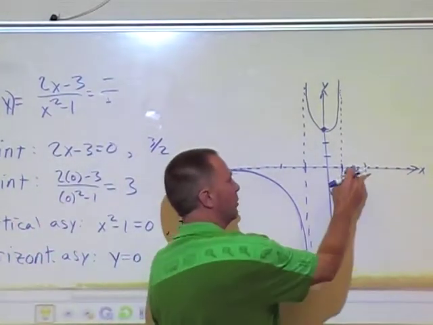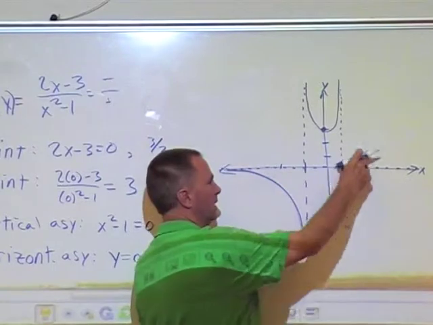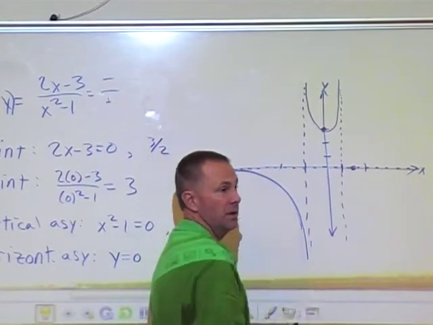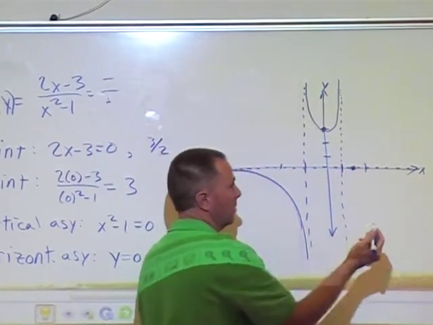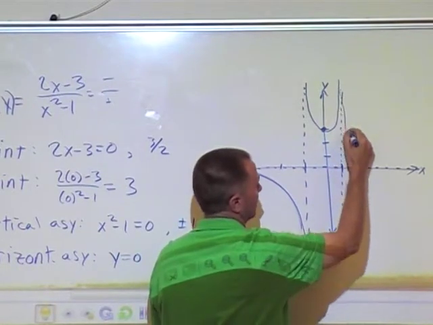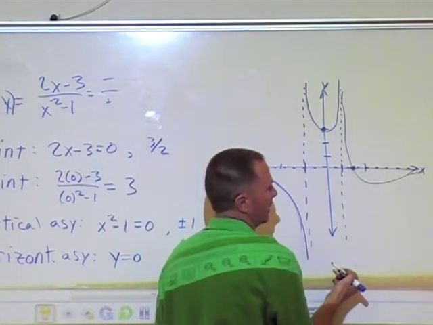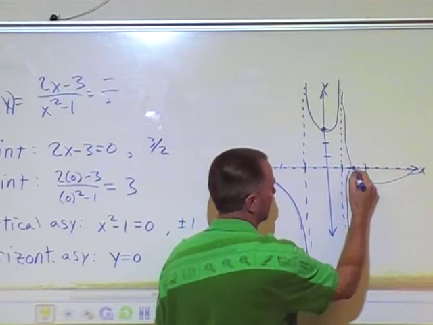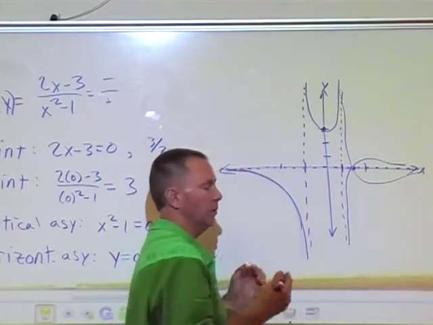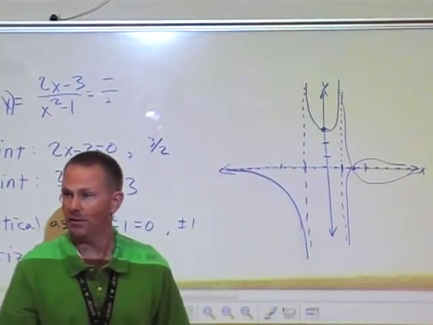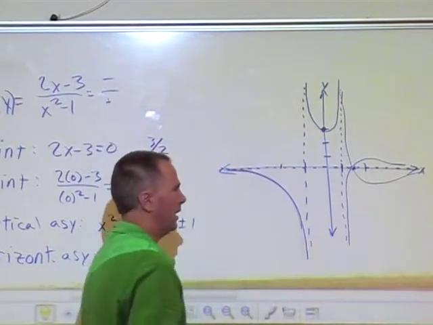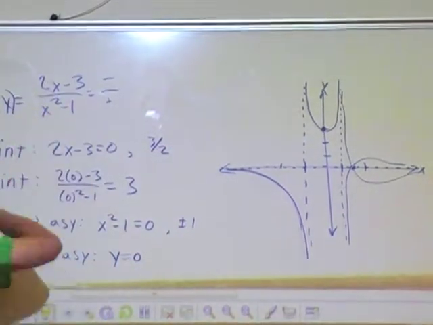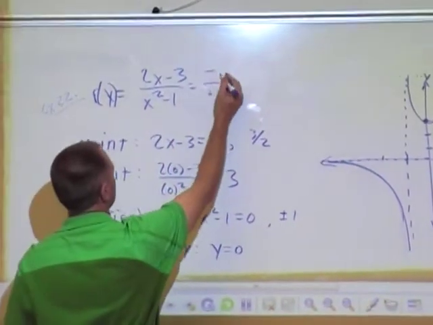Now, if this point wasn't here, we'd have to do the same thing here that we did over here, but we do have a point. So we're crossing this asymptote somehow. Either we're going to cross it like this and come back to there, or we're going to cross it this way and come back. The only way to tell that is to plug in a point and see what we get. So let's plug in the value of 2. 2 times 2 is? Minus 3.